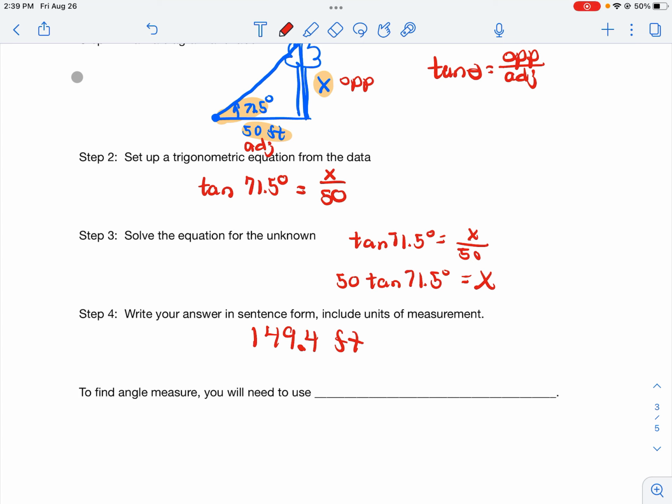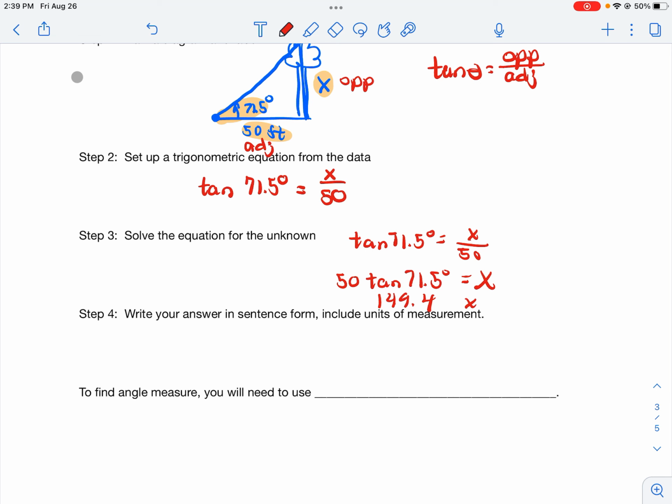Our last step is, now that we found the answer, I want you to communicate that answer in sentence form. The reason I do this is I make sure that you've read the problem and you've answered the question that was asked, and that you have included your units of measurement, which are important.